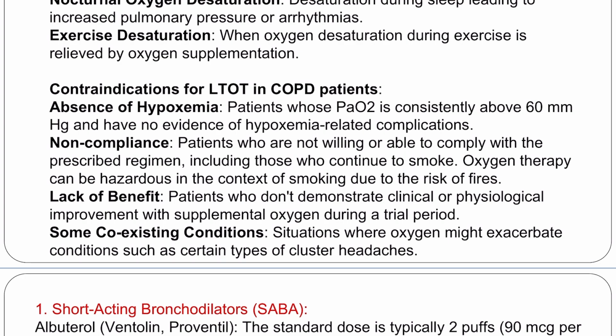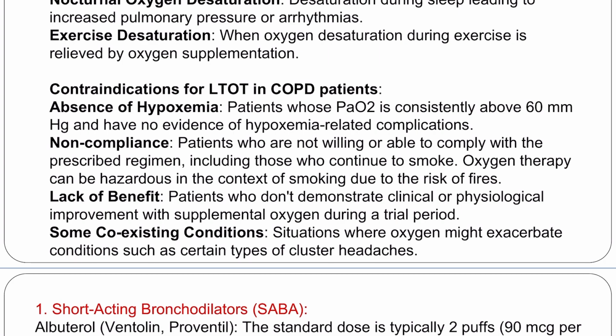But remember that according to the new guidelines, if the patient smokes, we can offer the patient long-term oxygen therapy provided it is beneficial to him, with very strict counseling, especially telling them that there is a danger of fire.